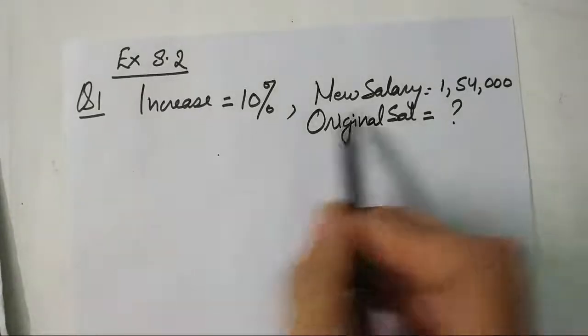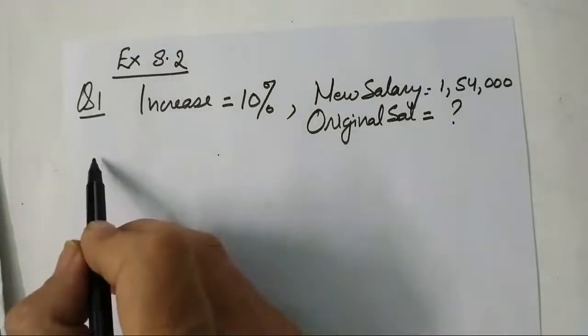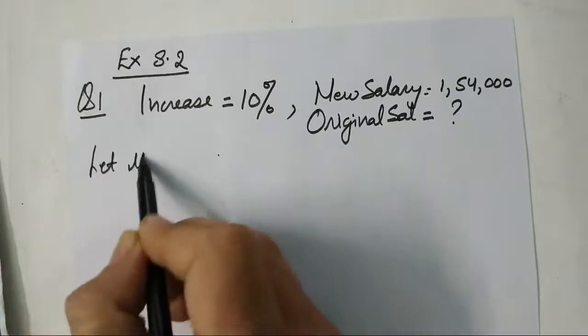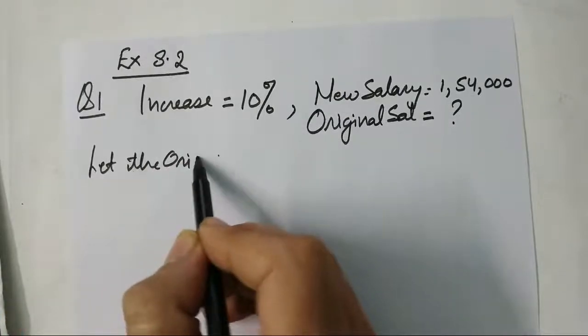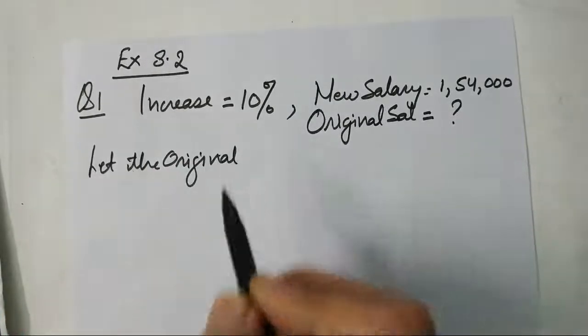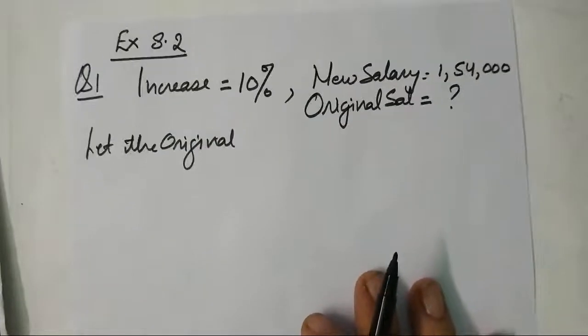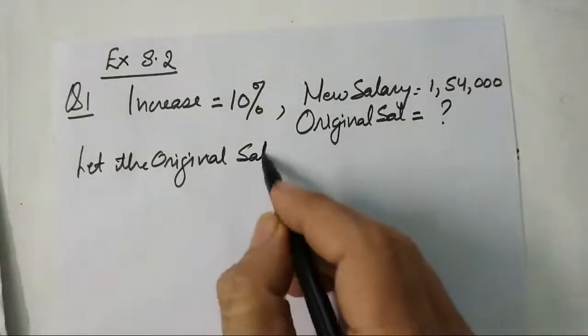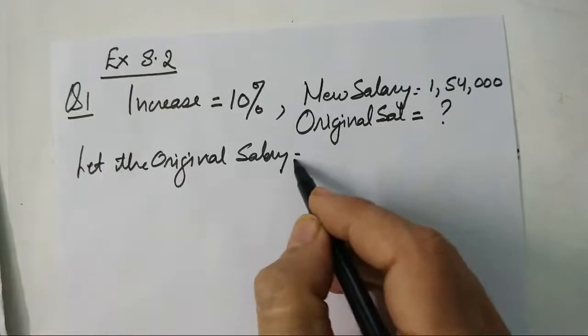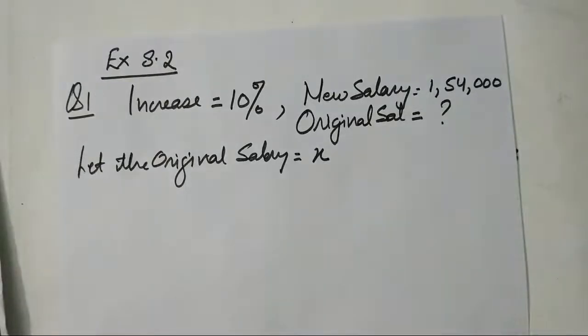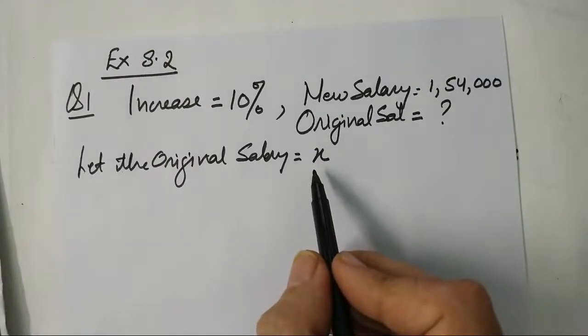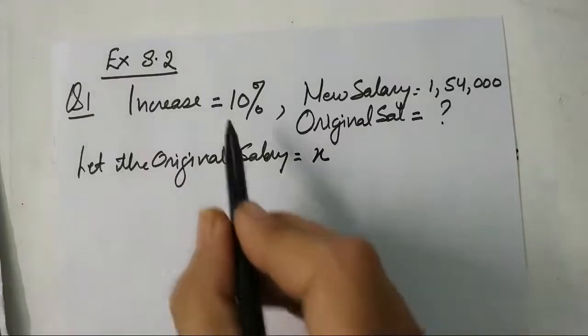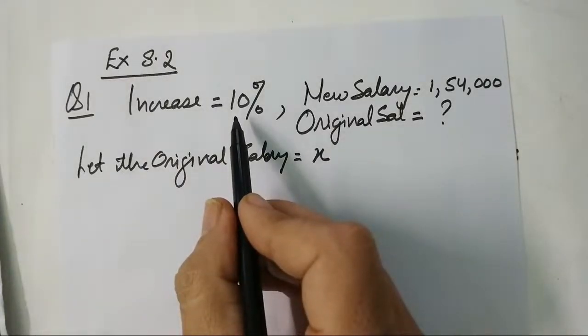So let's assume that the original salary, the money which he was getting earlier, be X. So if he was getting X rupees, on this X he got a 10% increase.